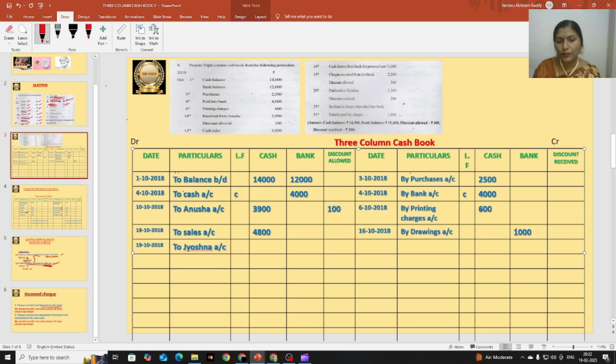And where will we put the amount? We will put the amount in the cash column. I already explained why we put the amount in the cash column. How much is it? It is 5200. And the discount is 300. We will put 300 rupees in the discount column. Hope this is clear for everyone. Is it clear?